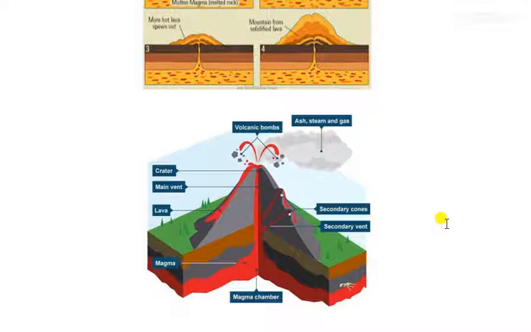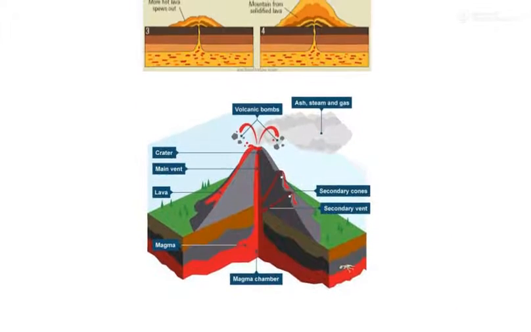This is a diagram of a volcanic mountain, and first let me tell you what is the difference between magma and lava. Okay, when the molten materials are inside the earth's surface, they are known as magma. However, when they erupt out of the earth's surface, they are called lava.